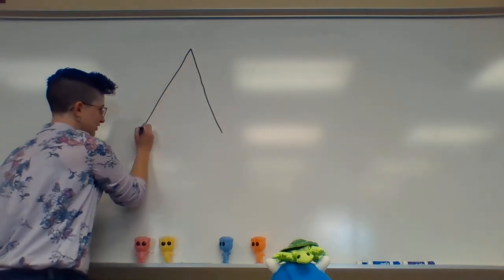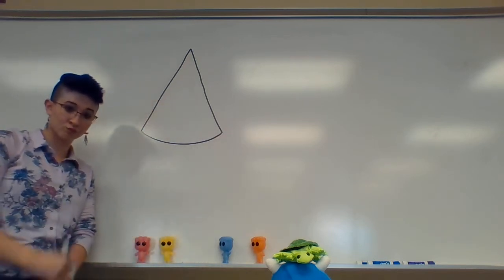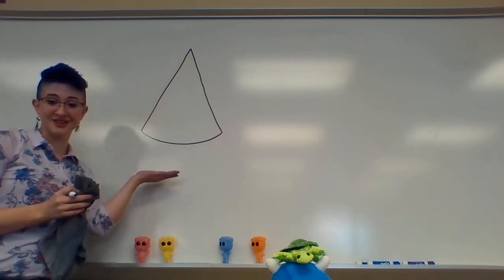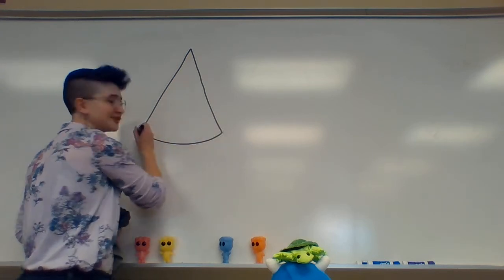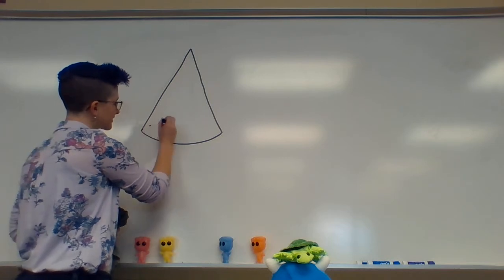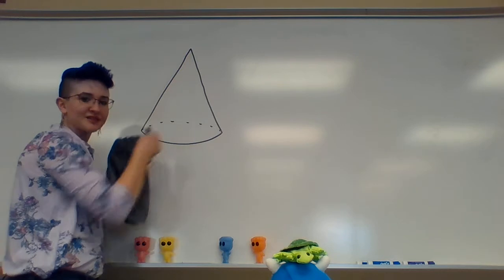Then for the base, you create a curved line. If you want to create that 3D aspect, you do the opposite curve, like we just did with the sphere, in dashed lines. That creates kind of like looking inside of the cone.